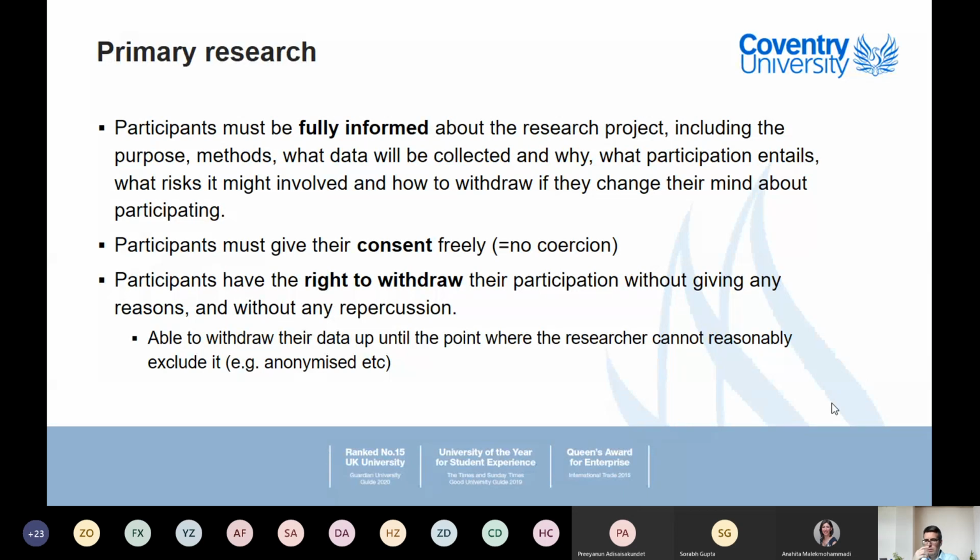So if you conduct interviews, normally you will have an identifier, so you will know which interview relates to which respondent. So you will always more or less be able to withdraw them. But if you've already submitted your dissertation, for example, well, that's it. You can delete their data, but you cannot withdraw them from the things which have already been published.